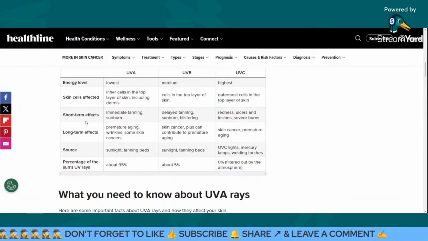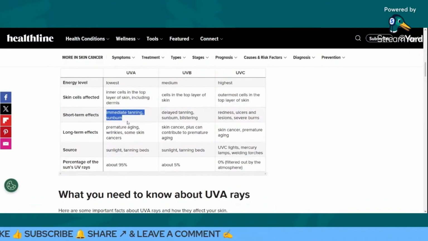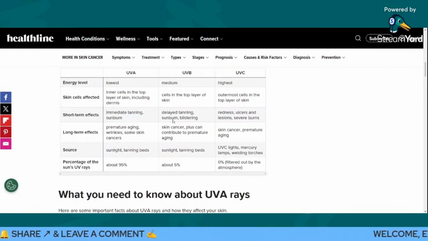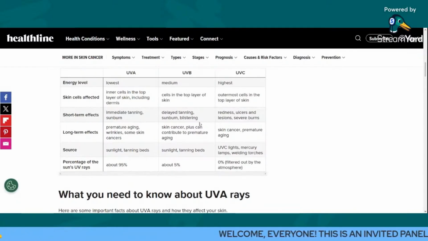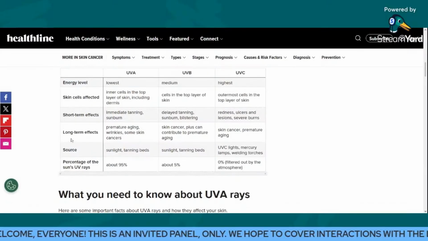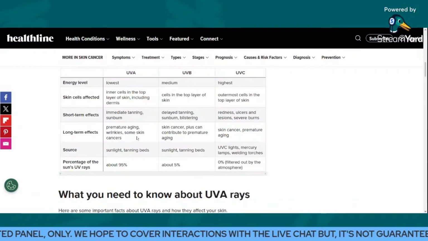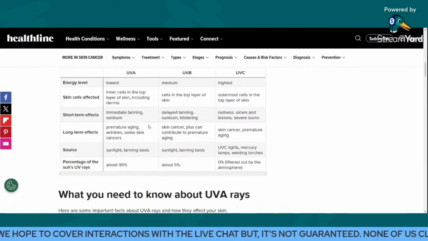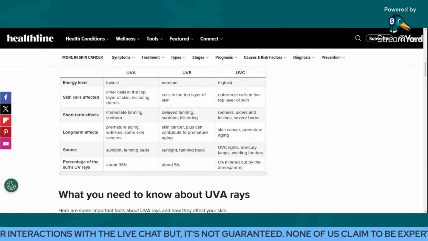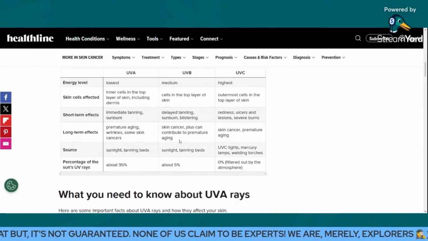So that's interesting. Short-term effects: for UVA, immediate tanning, sunburn. For UVB, delayed tanning, sunburn, blistering. For UVC, redness, ulcers and lesions, severe burns. Long-term effects: with UVA, premature aging, wrinkles, some skin cancers. UVB, skin cancer, plus can contribute to premature aging.